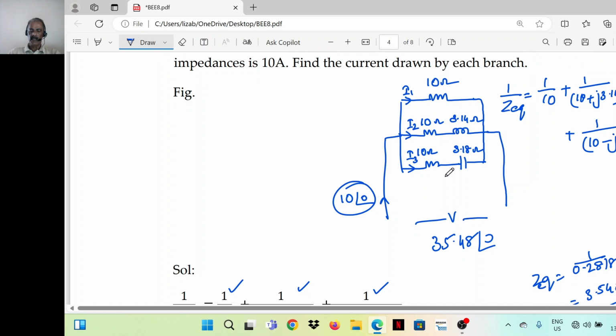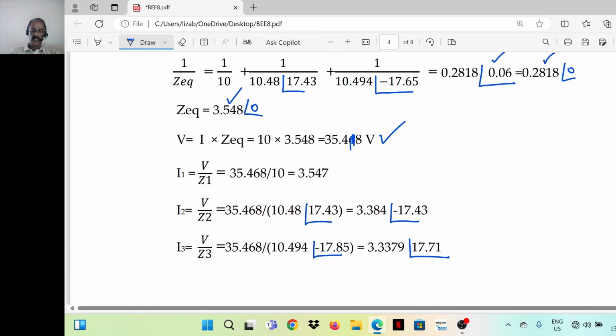I2 is this voltage divided by 10 plus j 3.14, and I3 is voltage divided by 10 minus j 3.18. So the branch currents are, first one I1 is V divided by Z1, that is Z1 is 10 ohm only. 35.48 divided by 10, so 3.547 approximately.